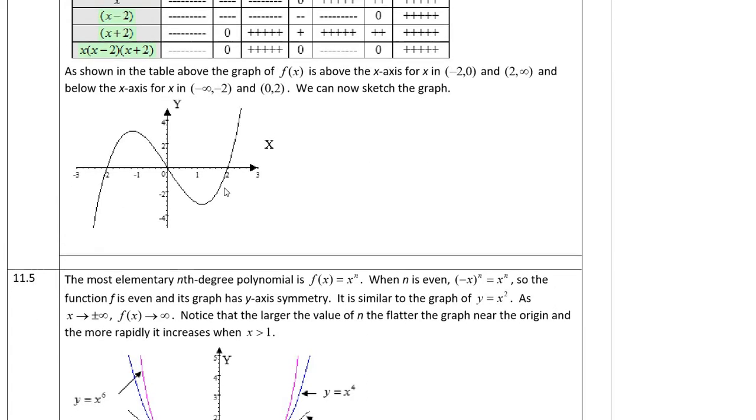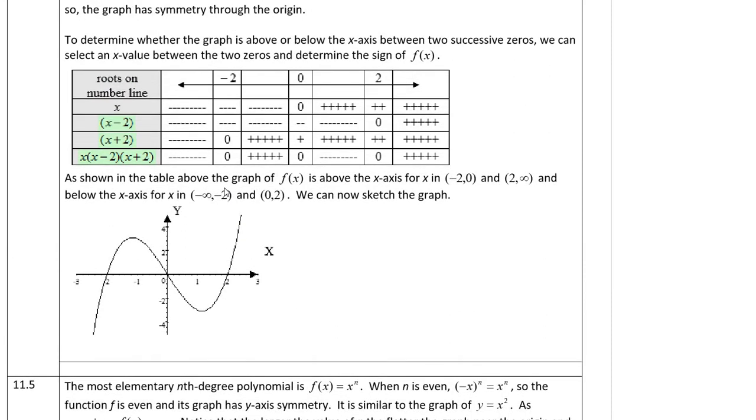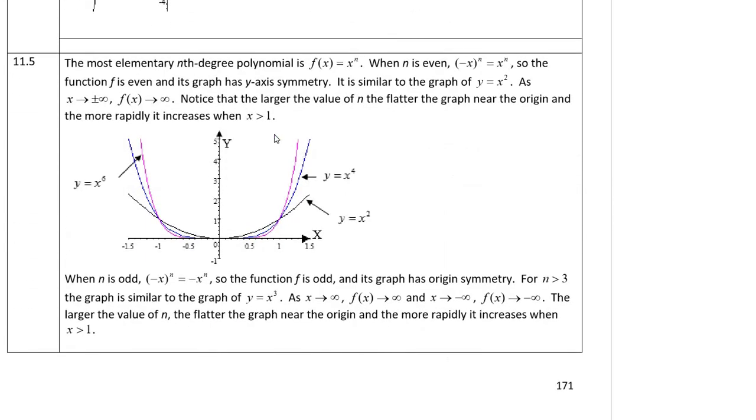That's for uneven powers, power 3, 5, etc. When we have even powers, we will have both arms up or both arms down, like the parabola that we used to. There's the parabola. And the higher the power, the more it will bend towards the y-axis because it is stretching now.